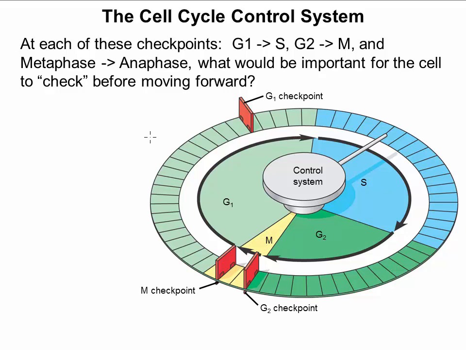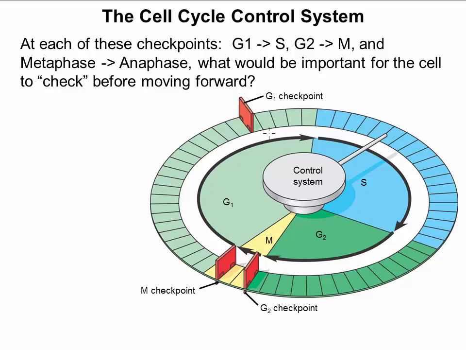So there are three really important checkpoints that can be thought of as points of progression where the cell is actually checking to make sure that molecular events have occurred that need to occur before the cell can move on to the next stage of the cell cycle, or just making sure that it's necessary to move on to the next stage of the cell cycle, depending on which checkpoint we're talking about.